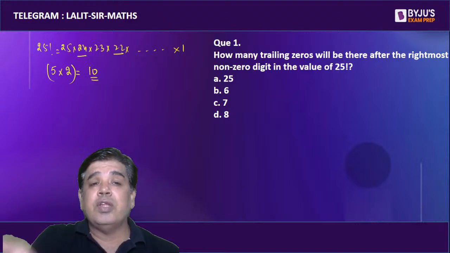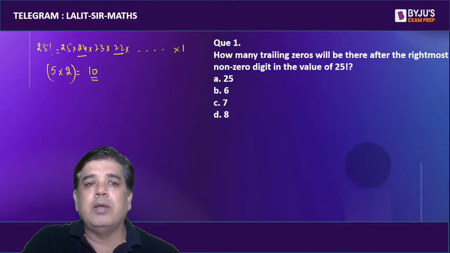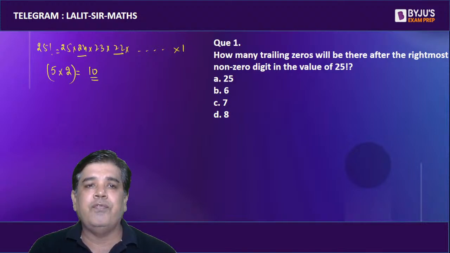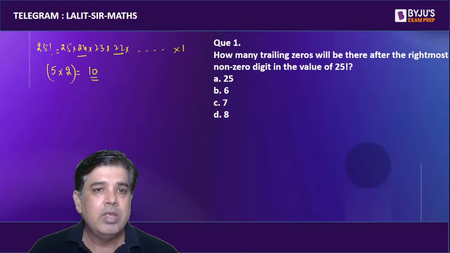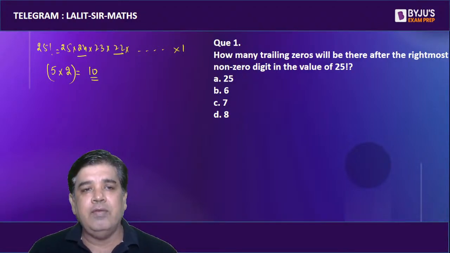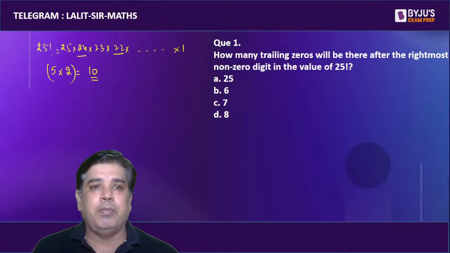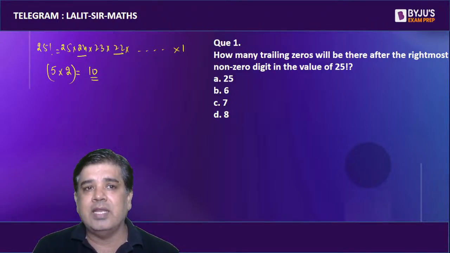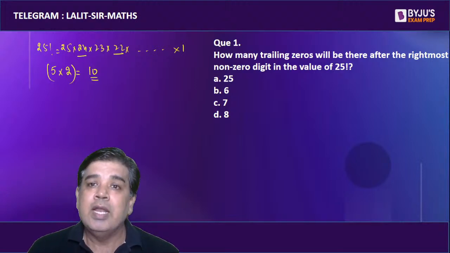And every fifth number is a multiple of 5. So the number of 5s is always less than the number of 2s in the factorial of any number. So the pairing of 2 and 5 will depend upon the number of 5s, because the number of 5s is lesser than the number of 2s in the factorial of any number.